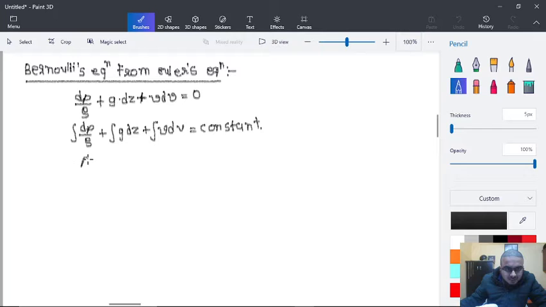So here it will be P by rho, assuming it to be an incompressible flow, plus Gz plus V square by 2 equal to constant.